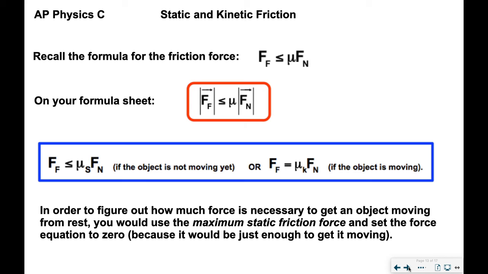When we set the force equation equal to 0, what we're saying is that the applied force is just enough to get the object to exceed the maximum static friction force and get it moving. So we know there's going to be an MA term, but we assume that it's just barely enough to get the object to move.